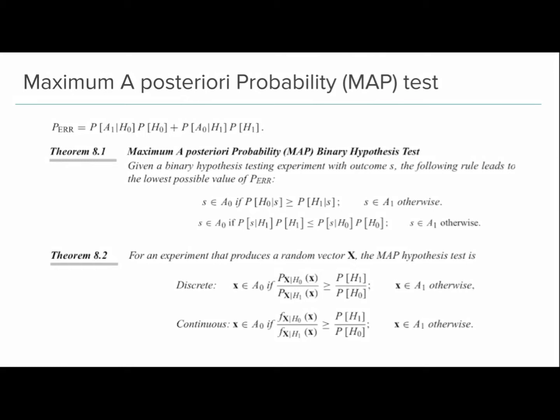This is essentially the same statement as above, just that instead of any sample outcome s, we have a random vector x, right? And if this is continuous, we'll be working with the PDF, small f: f of x given H naught of x divided by f of x given H1 of x is greater than or equal to P of H1 by P of H naught, and x belongs to A1 otherwise, right?